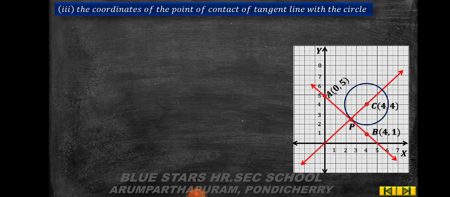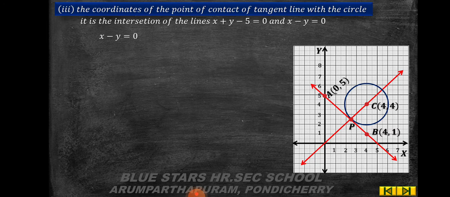Then third subdivision, the coordinates of the point of contact of the tangent line with the circle. So it is the intersection of the two lines, that is equation 1 and equation 2. x plus y minus 5 is equal to 0 and x minus y is equal to 0. First we are taking x minus y is equal to 0. That is nothing but x is equal to y. That is equation number 3.